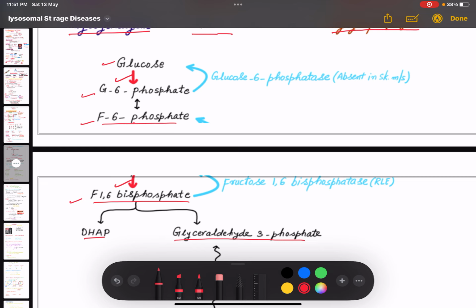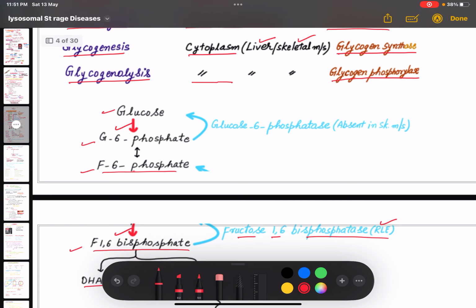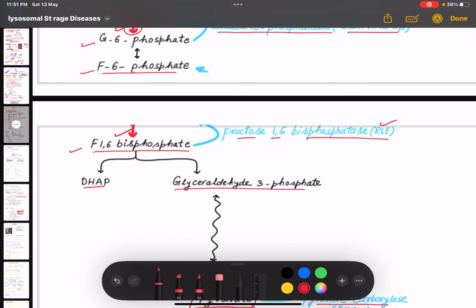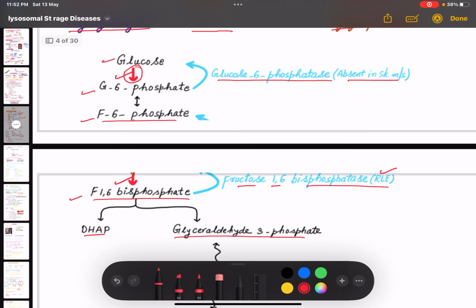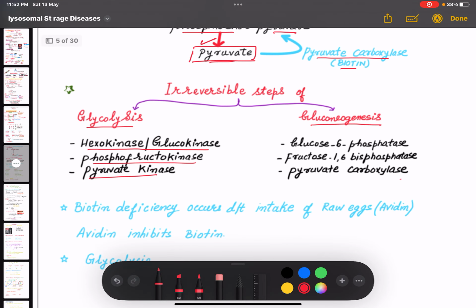The enzyme responsible for this reaction is fructose 1,6 bisphosphatase, which is the rate limiting enzyme of gluconeogenesis. And another red arrow here which is irreversible can be reversed by glucose 6 phosphatase, which is absent in skeletal muscles. And by this process you can get the glucose.